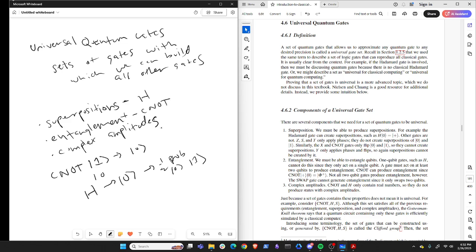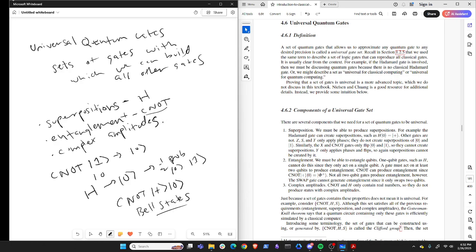We saw from our earlier example when we applied C0 to plus and 0 that we wound up with one of the Bell states, one of the primary entangled states. The C0 can do that, but Hadamard can't. Hadamard can put things into superpositions, but it can't actually entangle qubits. So we need something like the C0 gate to cause entanglement between two individual qubits.